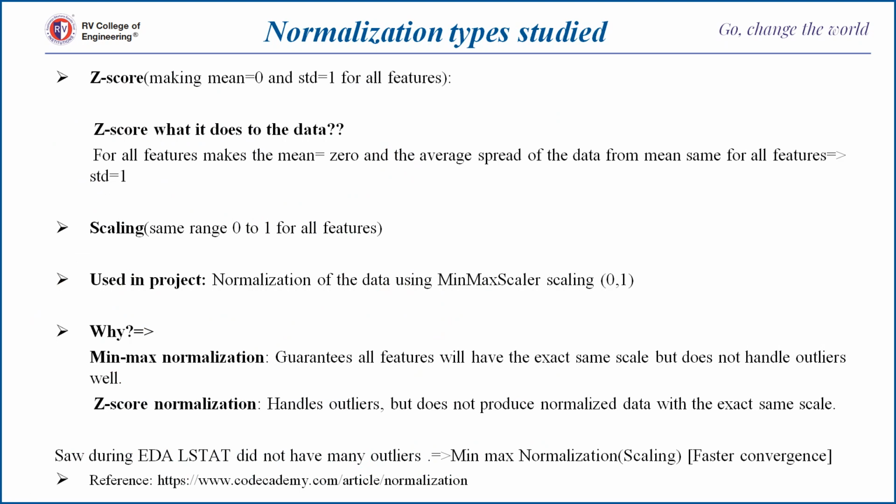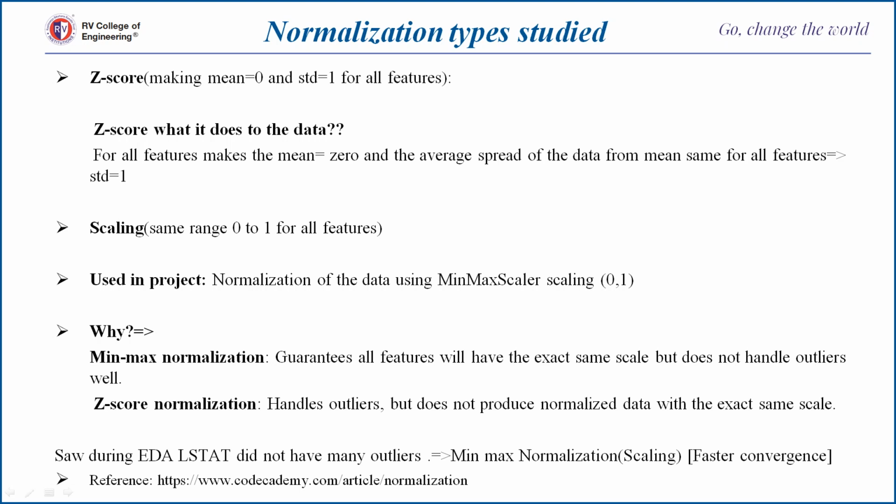Now what did we use in our project? The min max scaler, which scales all the features' data between the values 0 and 1. Why? What was the reason for such a choice? Min max normalization guarantees all features will have the exact same scale but does not handle outliers well.